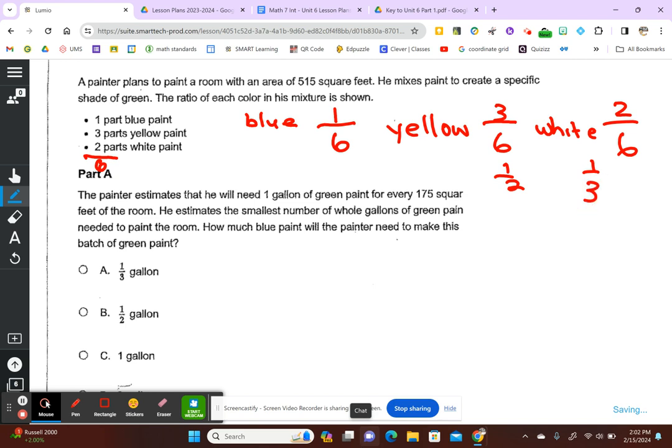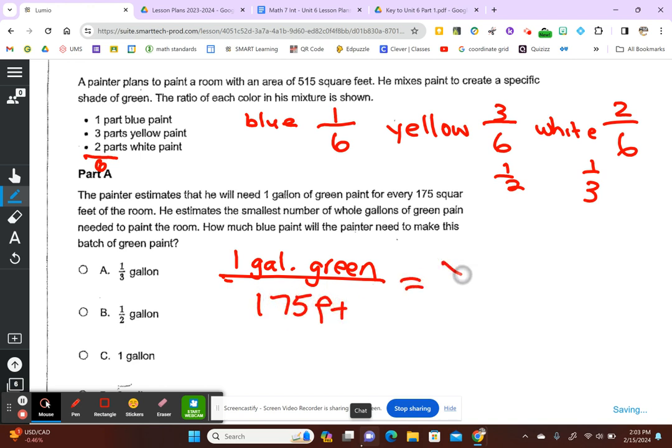Okay, so the next part says a painter estimates that he'll need 1 gallon of green paint for every 175 square feet in the room. So we need 1 gallon of green for every 175 feet.